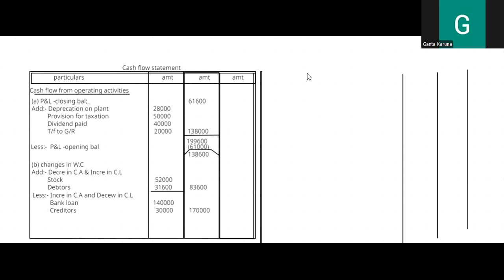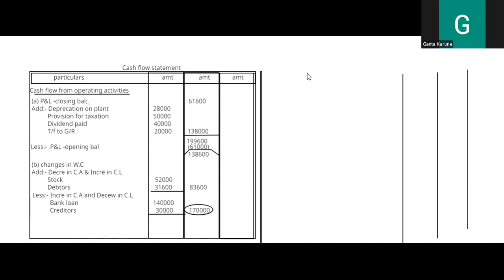So this is in the minus figure. We are going to minus from the above amount.